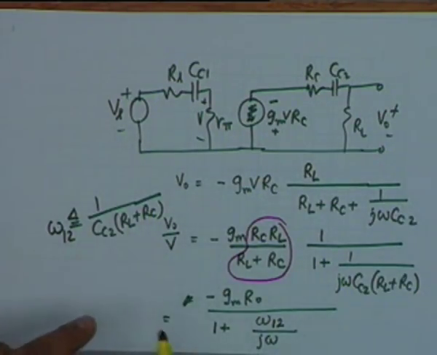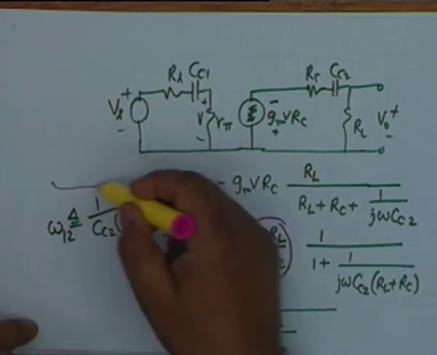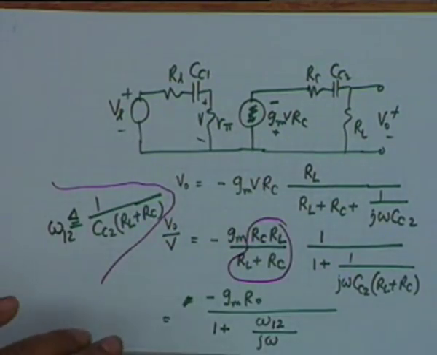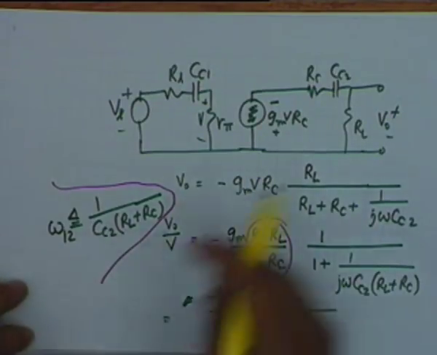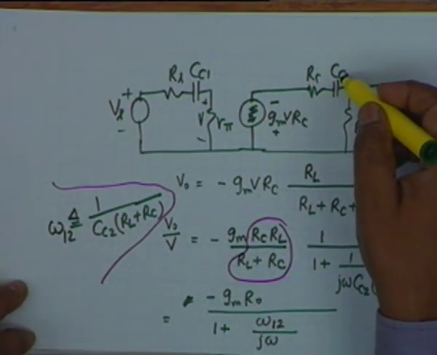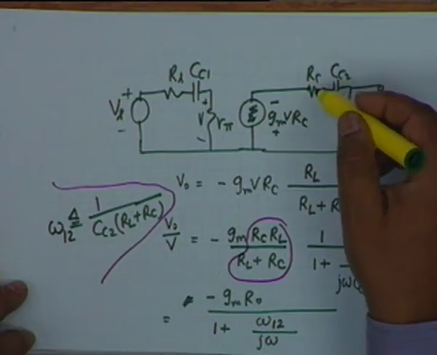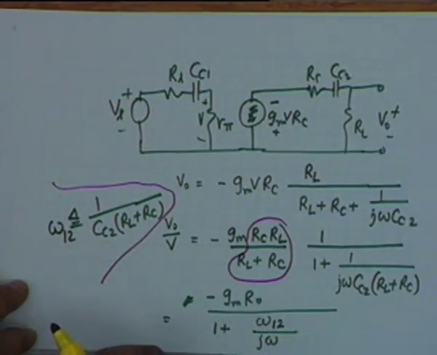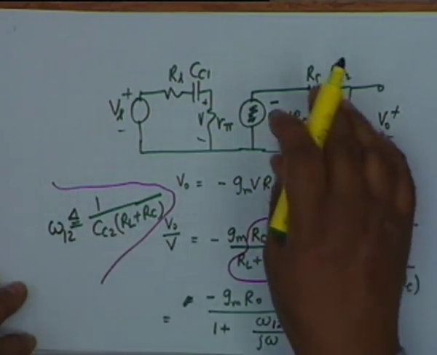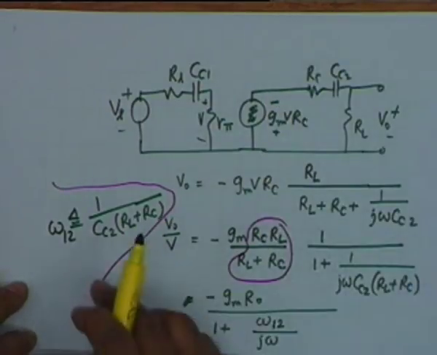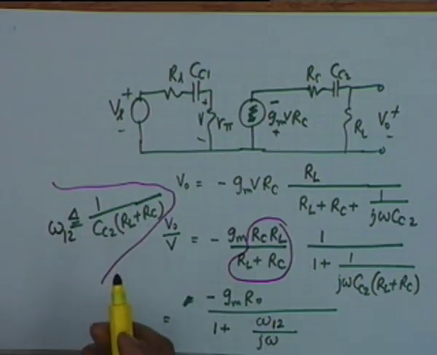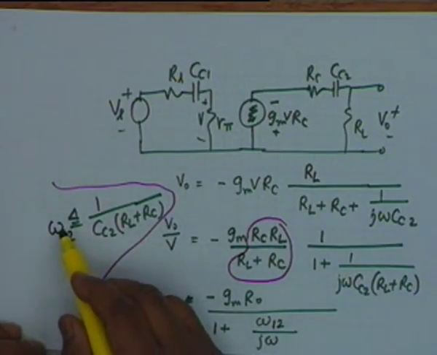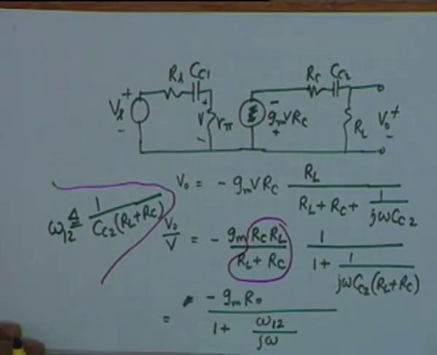The definition is that it is the inverse of the time constant of the circuit. What is the time constant? Product of capacitance and resistance. RC and RL are in series, and therefore the time constant of the output circuit is given by CC2 times RL plus RC, and the reciprocal of that I give the symbol omega 1 2.